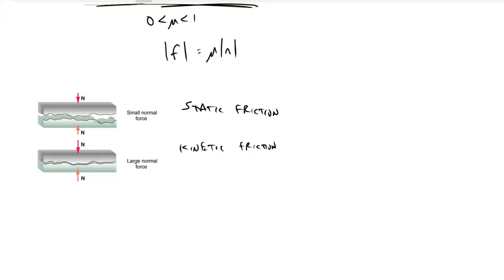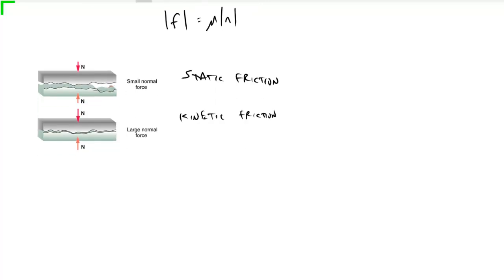When the air is on, the puck is ready to move without much force. When the air is off and it's sitting flat on the surface, then it doesn't move as readily. So the way we differentiate between this static friction and this kinetic friction is through their coefficients of friction.